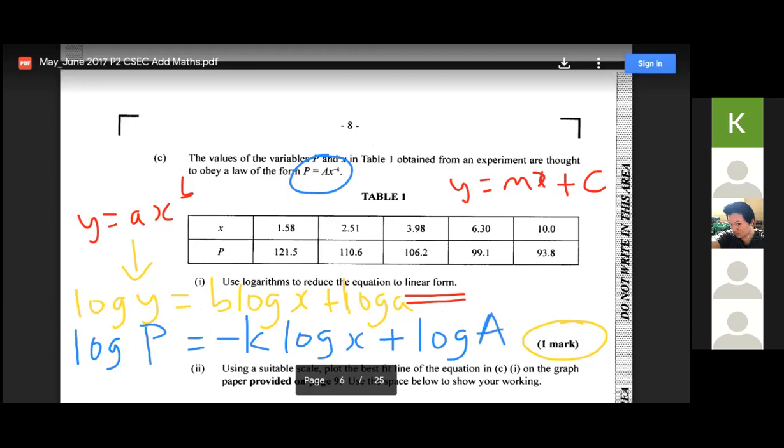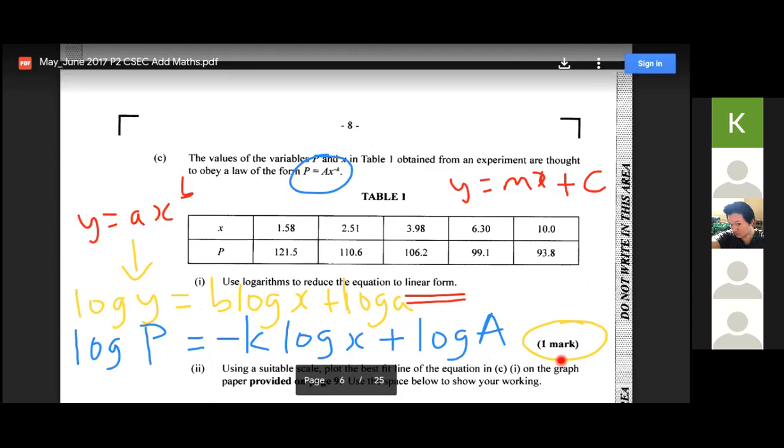So yeah, you could do it the long way. What I mean by the long way: you take this equation, put the log on both sides, look at it, and determine how you're going to write it in this form. Or after practice, you would know whenever I see x in the base, this is what the linear form would look like, and you'll be able to write this quickly.